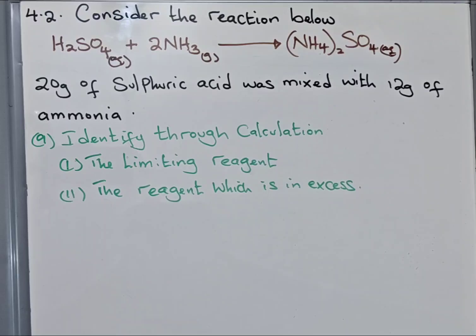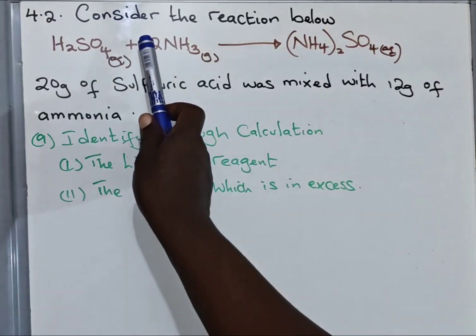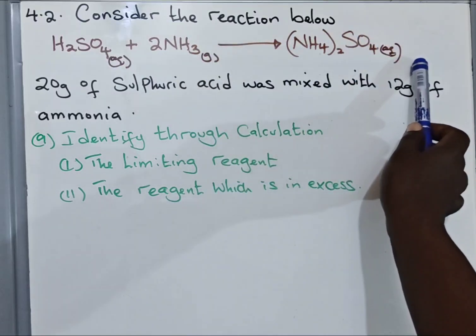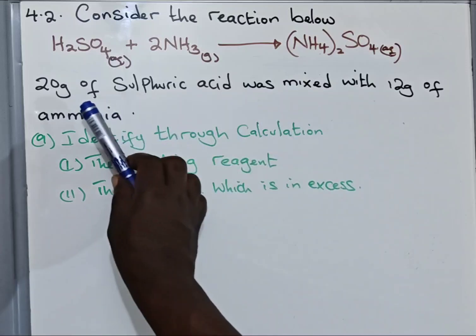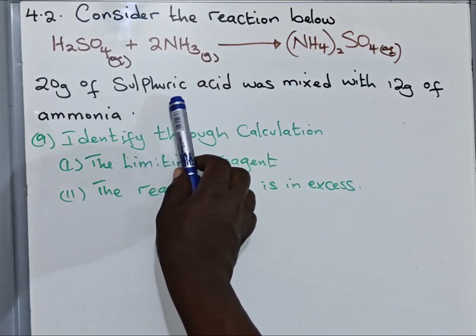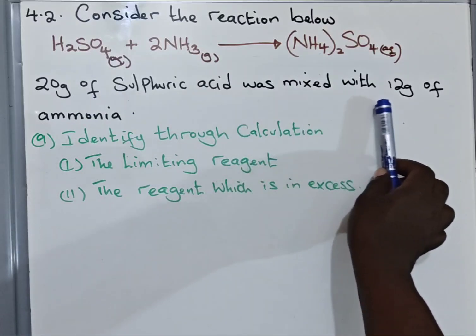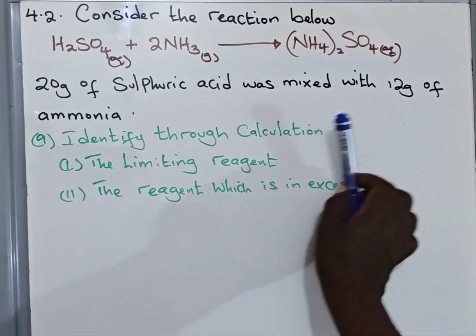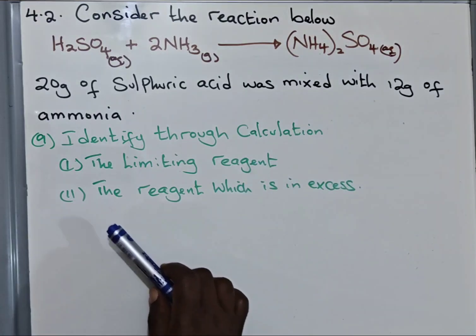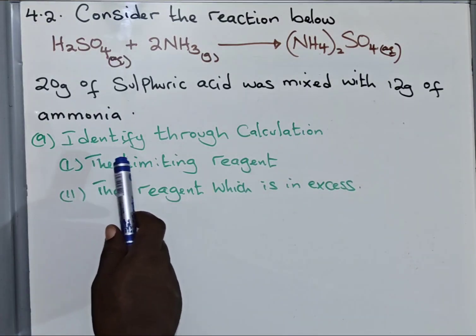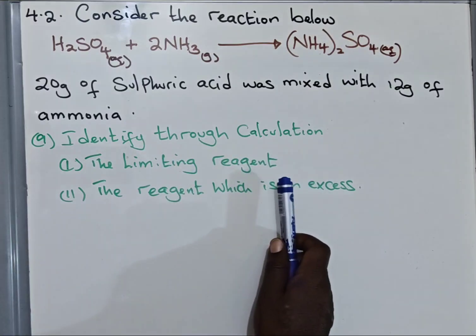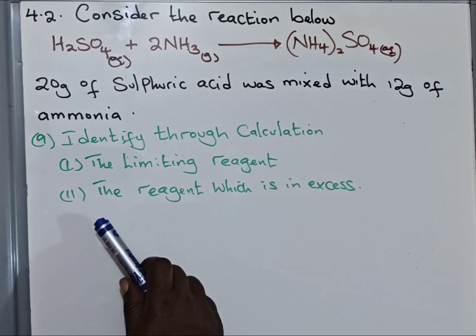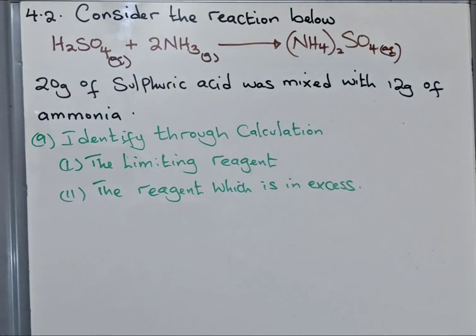Then we come to this one. It says, consider the reaction below. This is the equation for the reaction. And they said 20 grams of sulfuric acid was mixed with 12 grams of ammonia. And the question says, identify through calculations the limiting reagent and the reagent which is in excess.